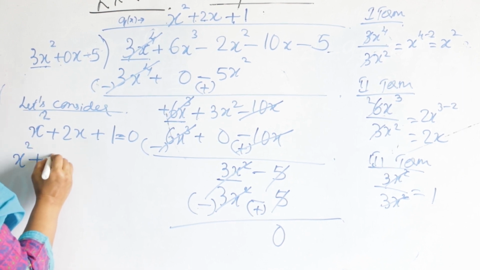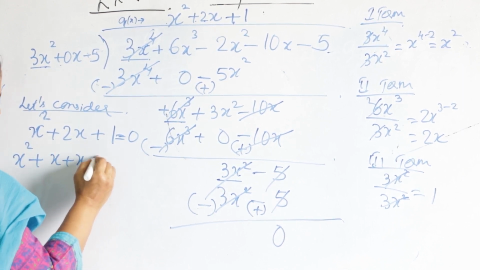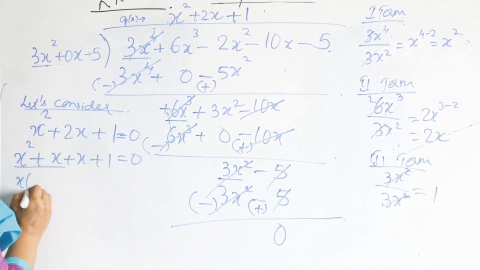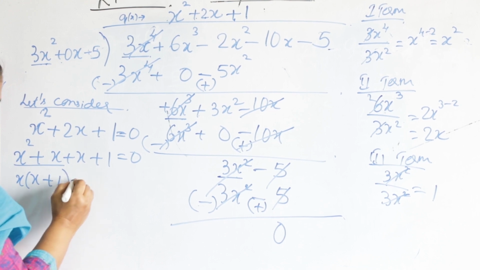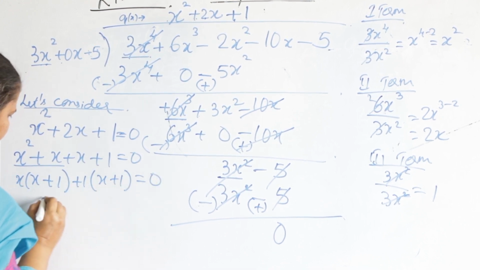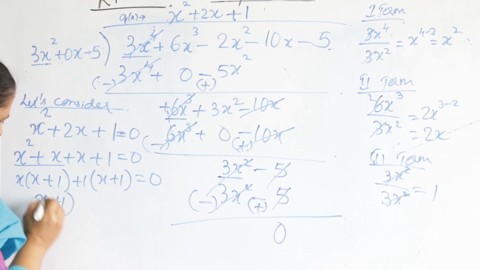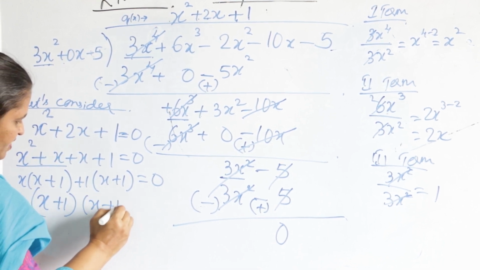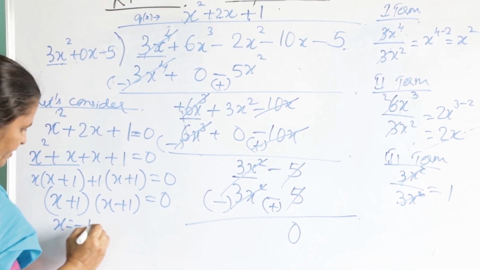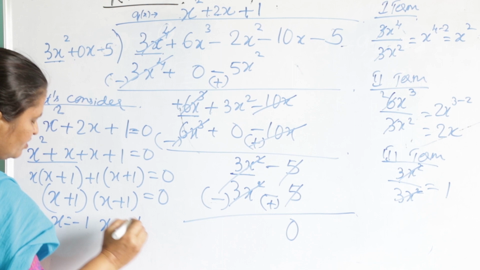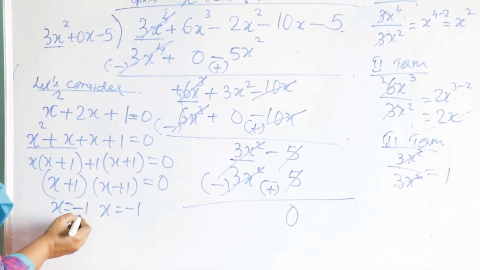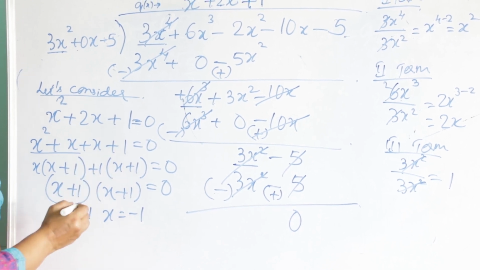X square plus x plus x plus 1 equals 0. Grouping, x times x plus 1 plus 1 times x plus 1 equals 0. So we have x plus 1 as the factors. So x is equal to minus 1, x is equal to minus 1. So we found the 2 other zeros, minus 1 and minus 1.